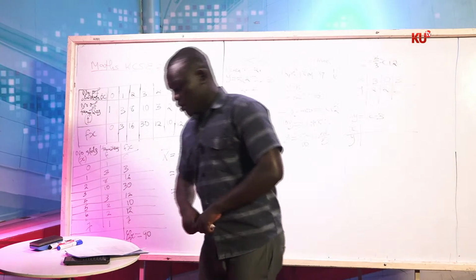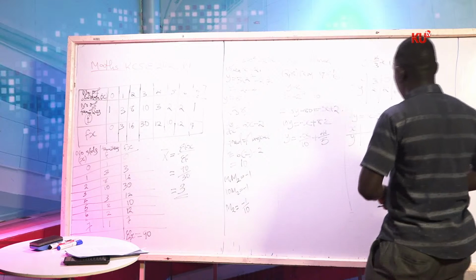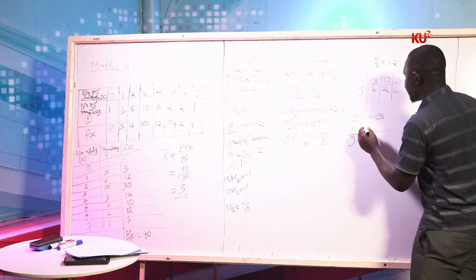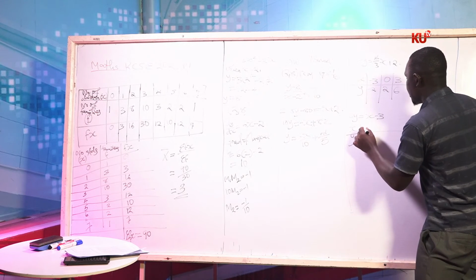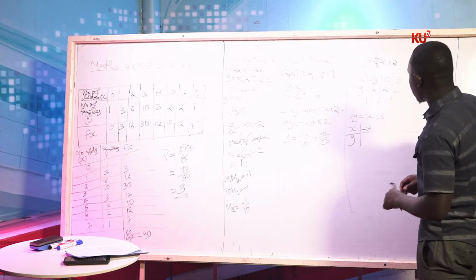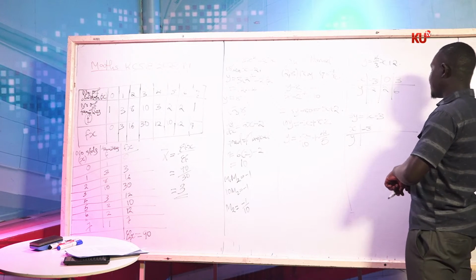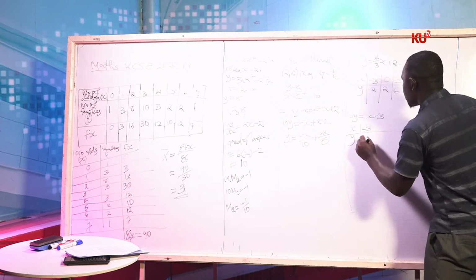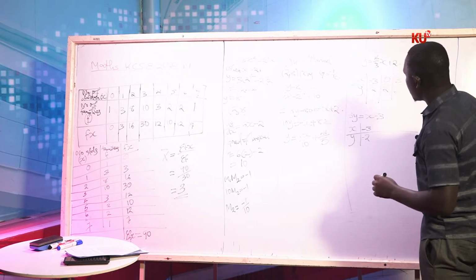Now, after you've drawn your small table, let's see. When x is negative 3, what is the value of y? So, negative 3 minus 3 becomes negative 6. 3y equals negative 6, meaning y will be negative 2.